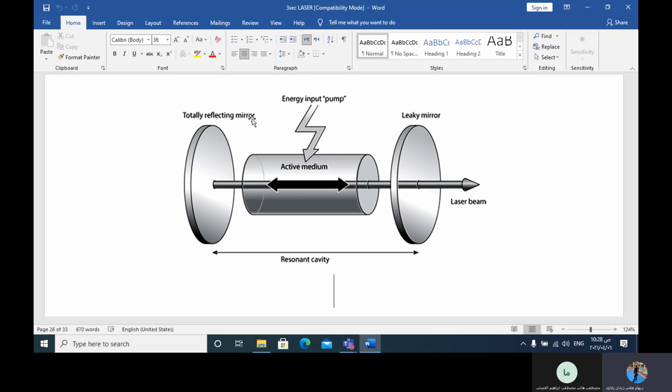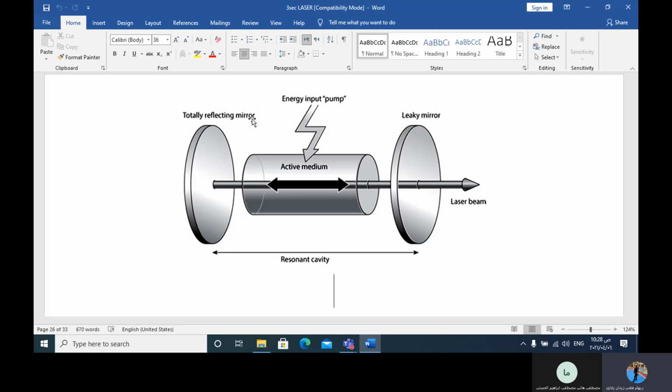These few photons penetrate the semi-transparent, less efficient mirror, and this is actually the laser. The laser comes out from this mirror.